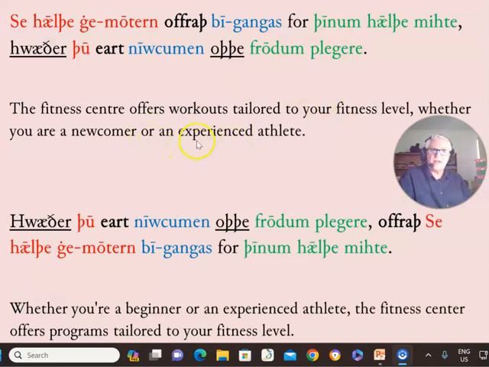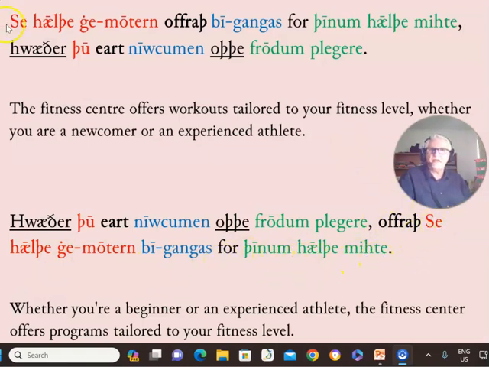Now let's rearrange that and stick the subordinate clause out front. Hawara thu new kommen offer forrodum plechere. Offereth se halthe jemotern bigangas forthinum halthe michte.